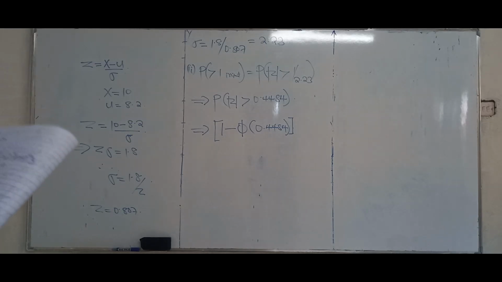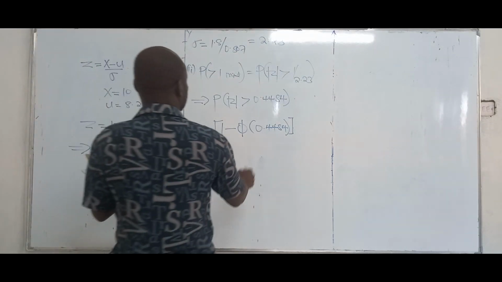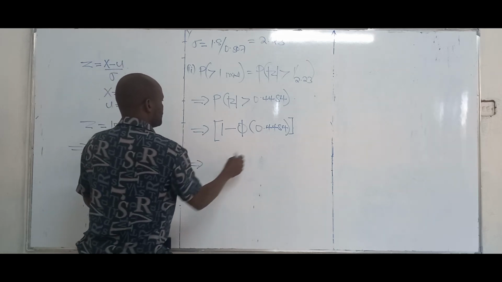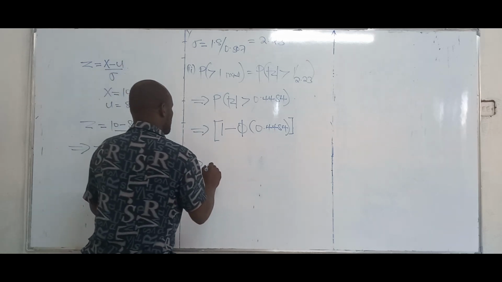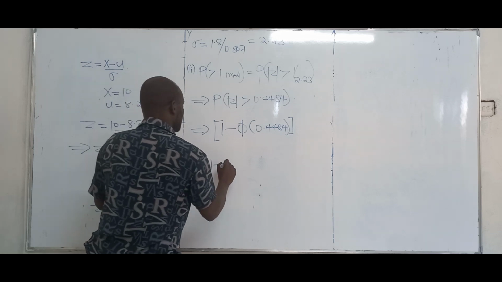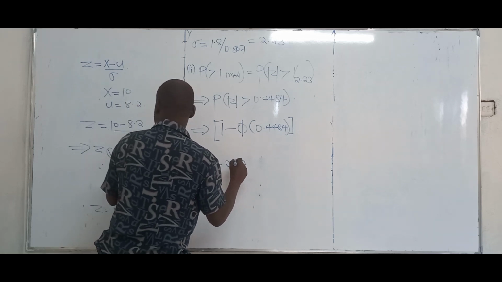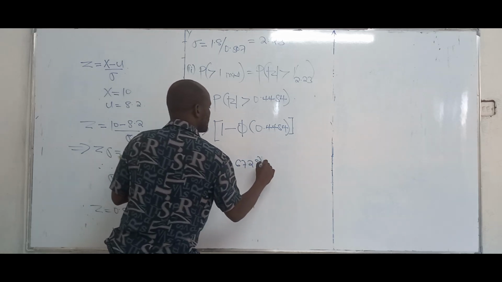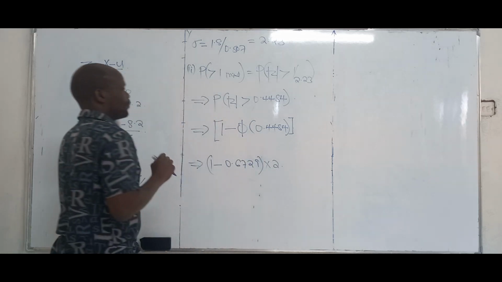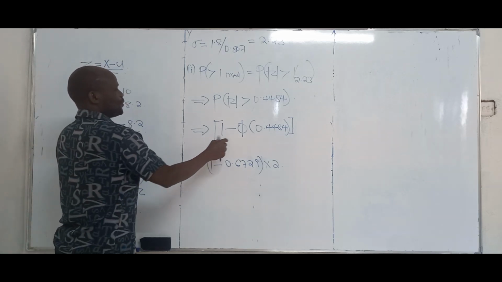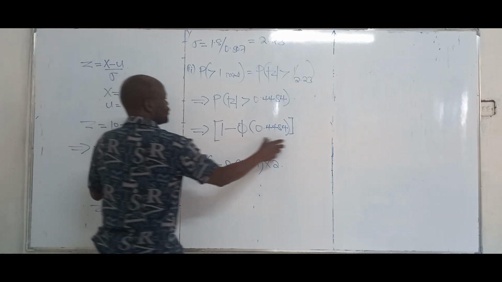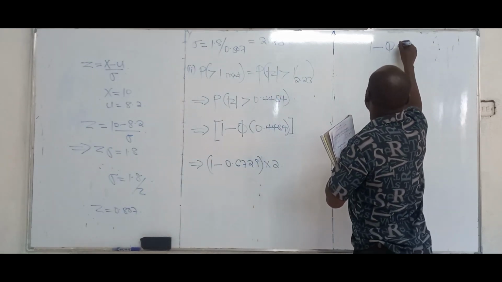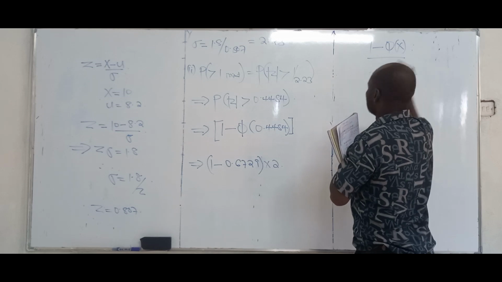So we take it and proceed with our solution as follows. Because that has already given us the value, it allows us to write 1 minus 0.6729, times 2. You need to know what we have implied here, what 1 minus phi of a particular value should represent.